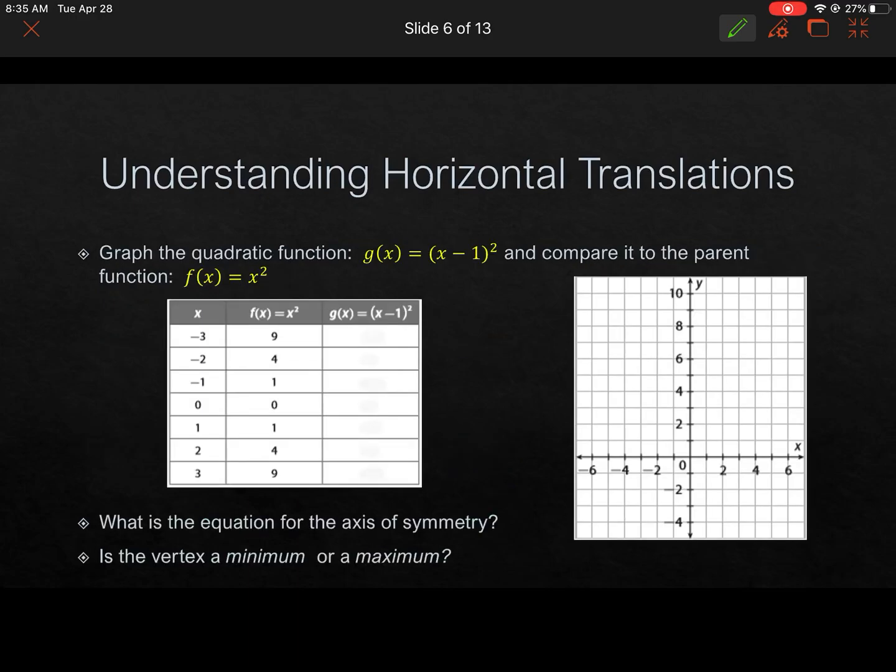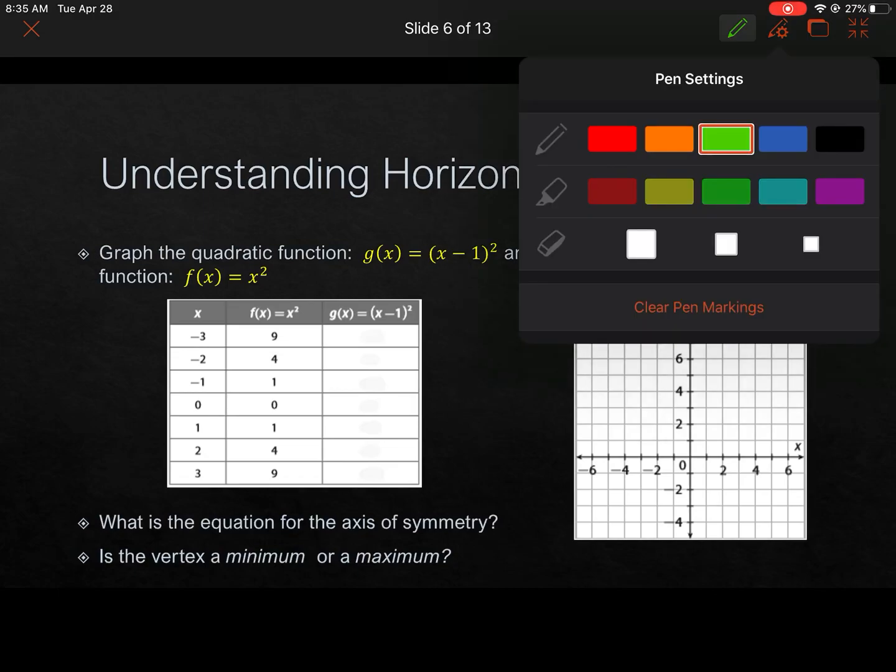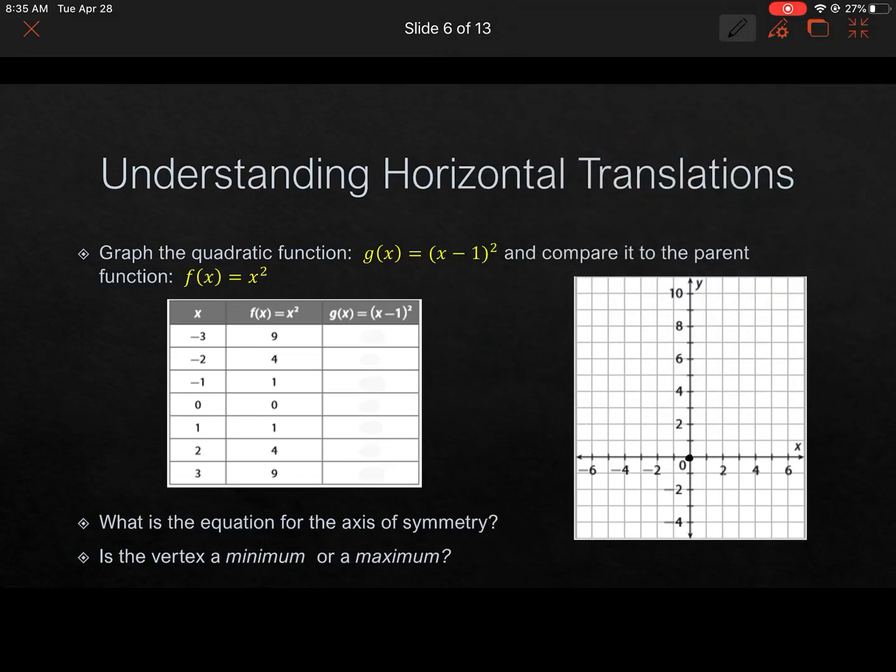But let's take a look at an example and see how it compares to that parent function. So let me graph that parent function again real quick. All right, and then the negatives. All right, so here's my parent function.